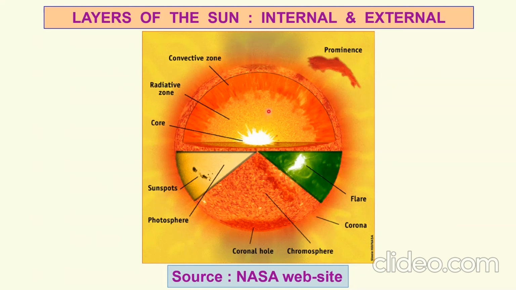And then it takes years and years for the photon to diffuse out from the core of the sun. And this layer of the sun is known as the radiative zone, because the process of energy diffusion is in the form of radiative transfer, radiative processes.